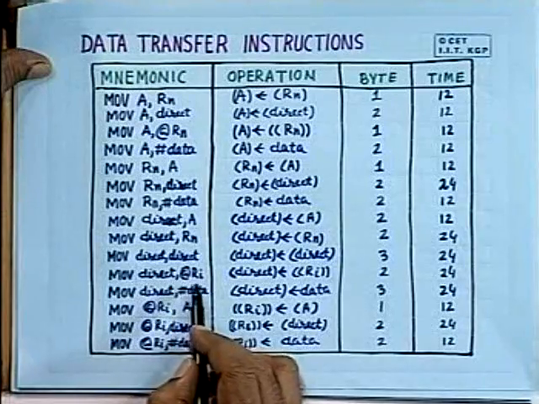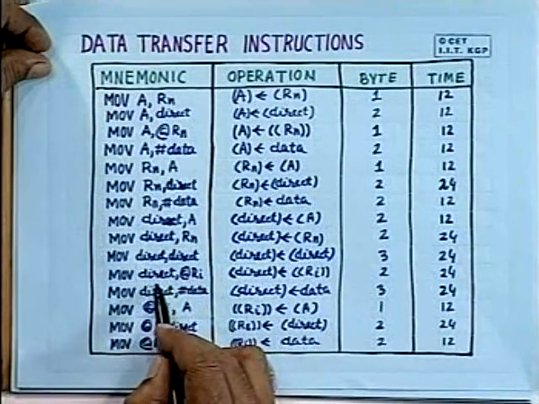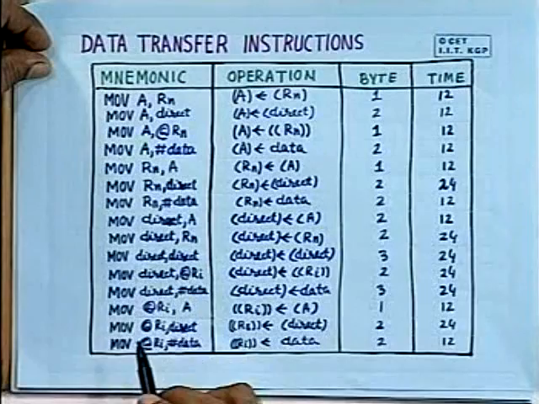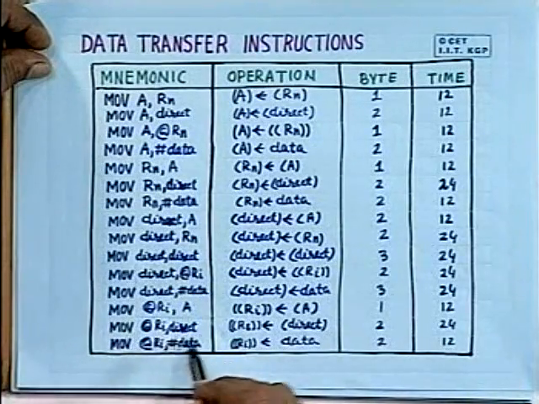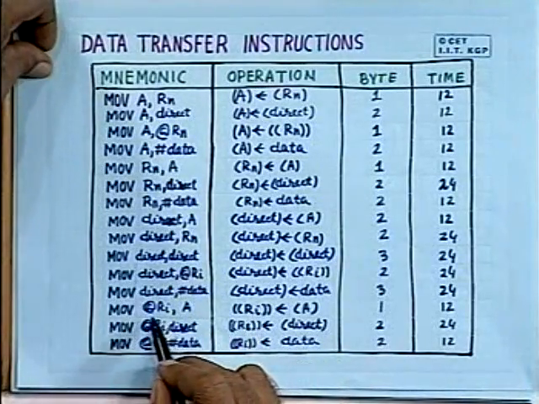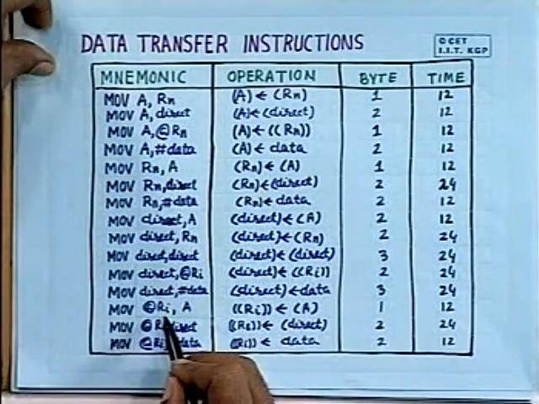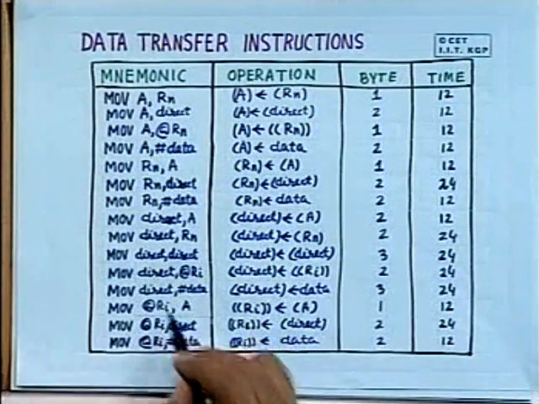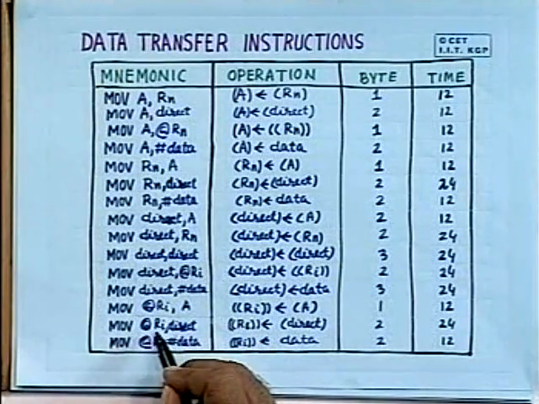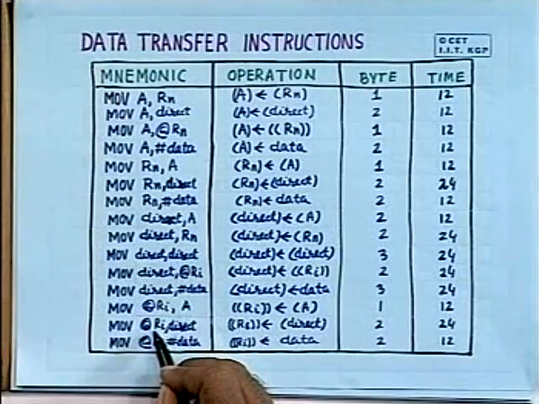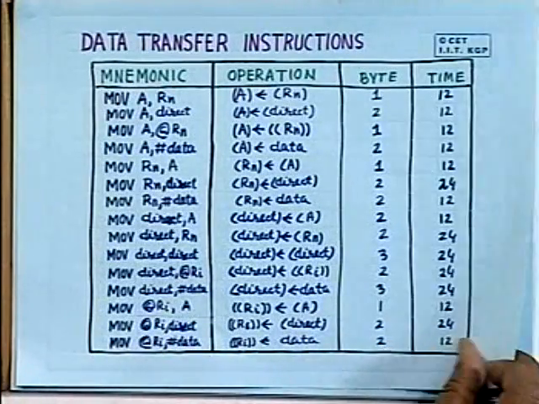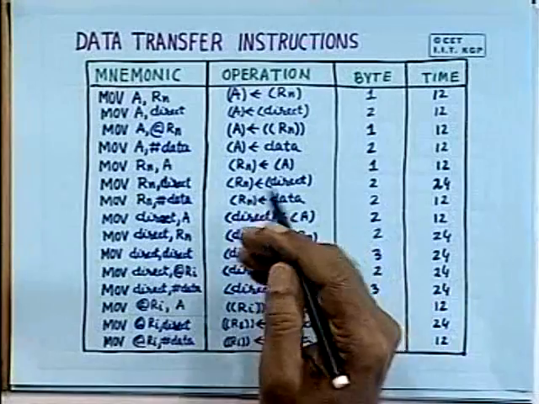And this is the register indirect to direct data, immediate data to direct memory location, and here again register indirect, accumulator to any memory location by register indirect addressing, direct data to any memory location by register indirect addressing, and so on. So here essentially is data transfer between the accumulator, the internal registers and internal data RAM by using a variety of addressing modes.